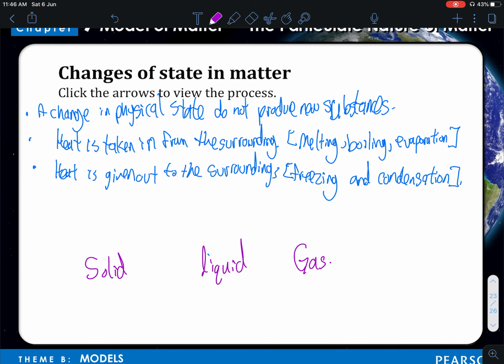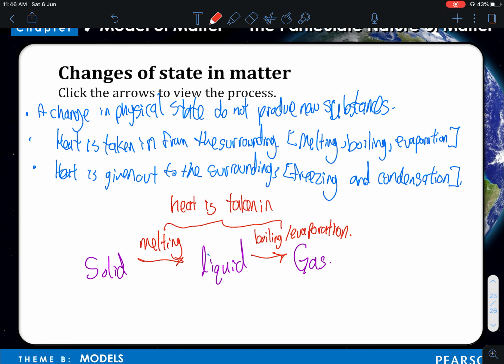What is happening is when you absorb heat, it will result in melting to occur, and of course boiling, which happens at a fixed temperature, and of course evaporation, which occurs at any temperature below the boiling point. So in these steps, heat is taken in from the surrounding.